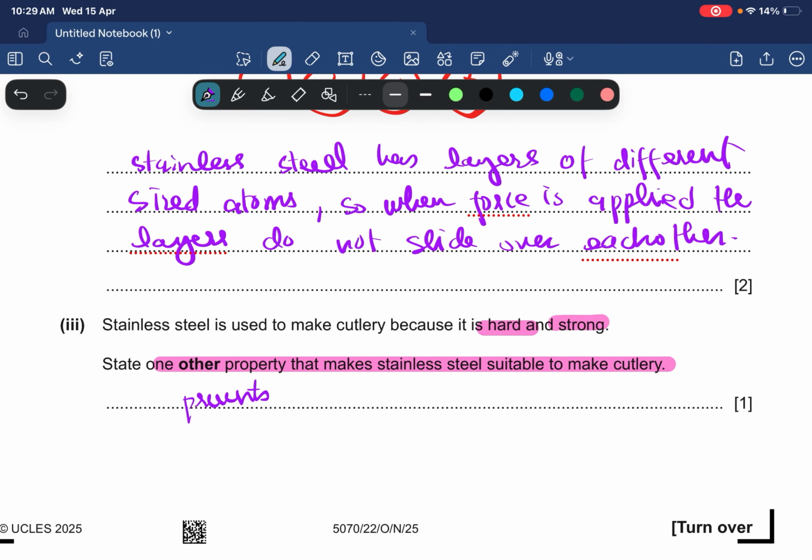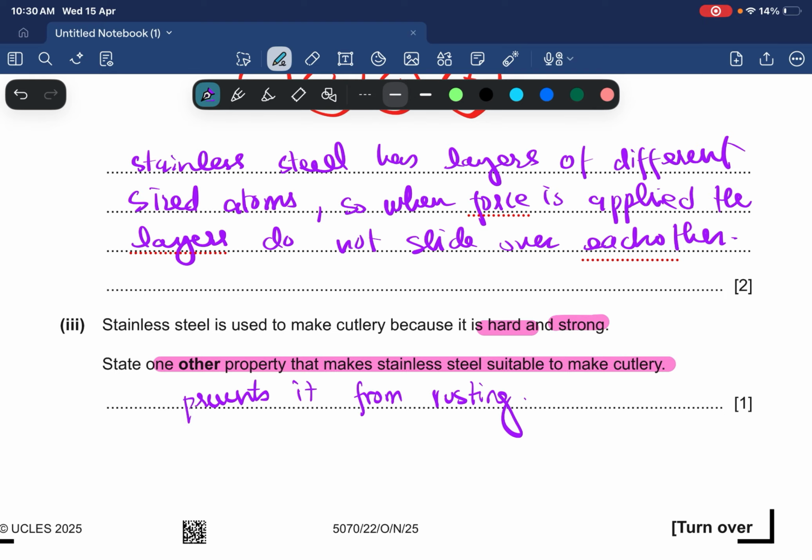So it prevents it from rusting. That's why we make alloys. We don't want it to rust. We want it to be harder. We want it to be stronger. We basically want it to have a different melting point, because impurity changes the melting point.